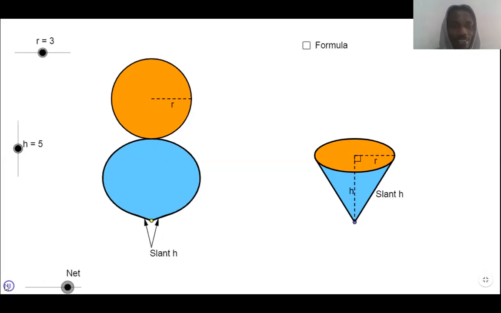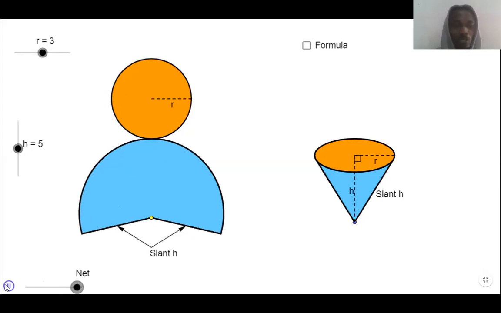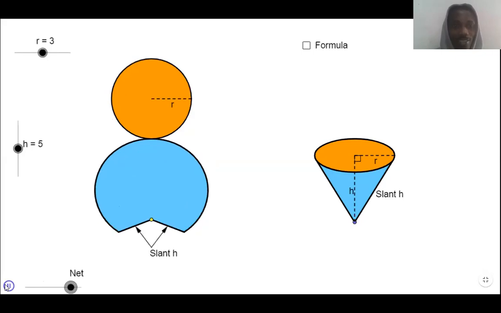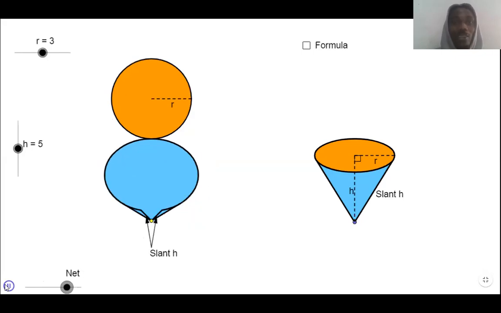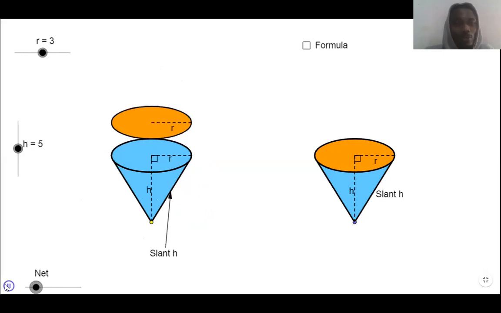Can you all see that? It has opened back up to the net. Then it's going back to the cone. I love doing this. I hope you're enjoying what you're seeing. I love GeoGebra. It's a powerful tool. Beautiful. You can see the net has produced the cone again.